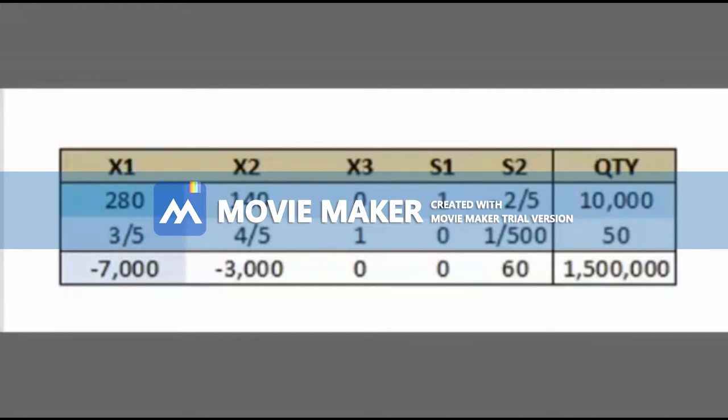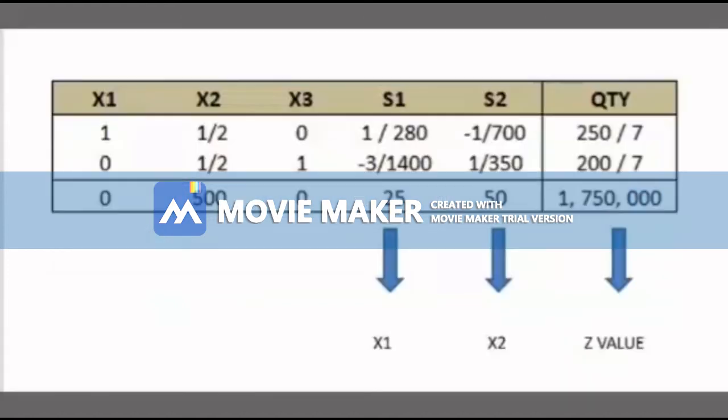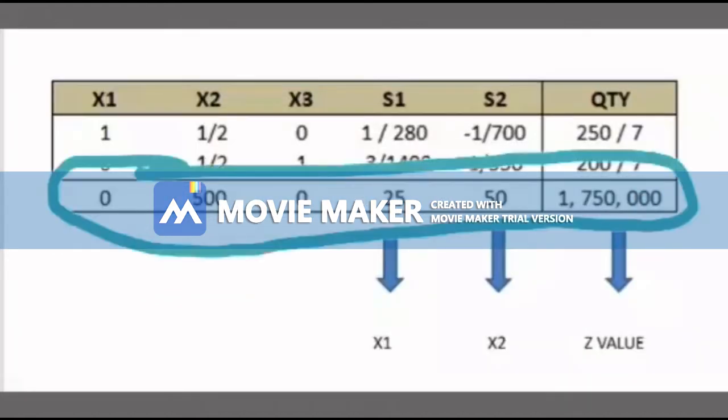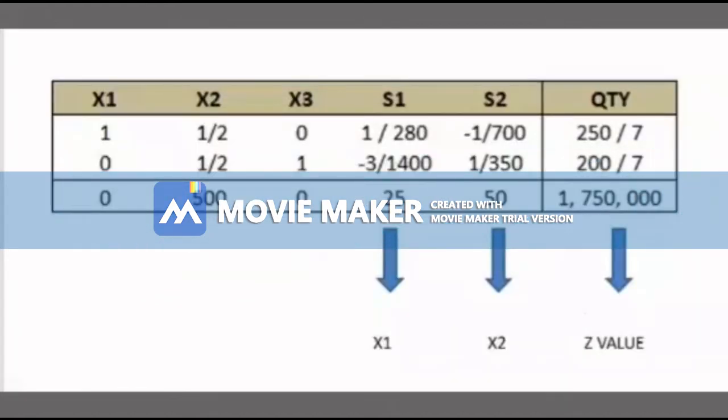After that, we compute again, the same process we did in the first tableau. In the next tableau, we obtain new values again. In the third tableau, we can see that we have positive values and zero values.